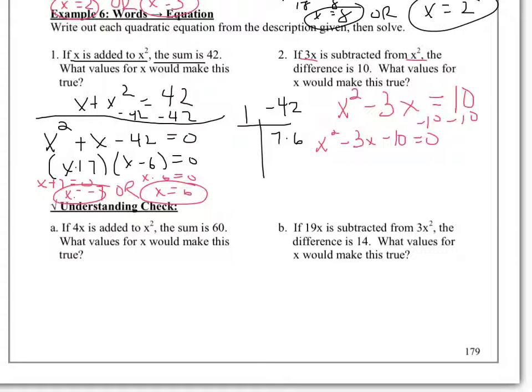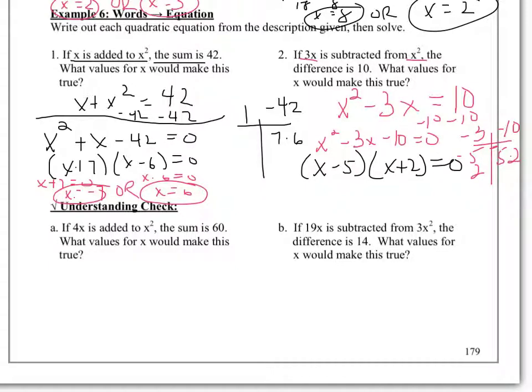Okay, next step is to factor, multiply to negative 10, add to negative 3. Okay, so 5 times 2 is 10, and I needed the 3 to be negative, so negative 5 plus 2. So let's go ahead and factor. X minus 5, because I'm negative 5, and x plus 2 equal to 0.